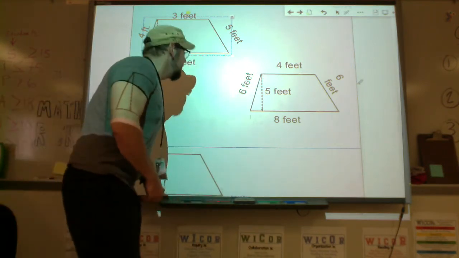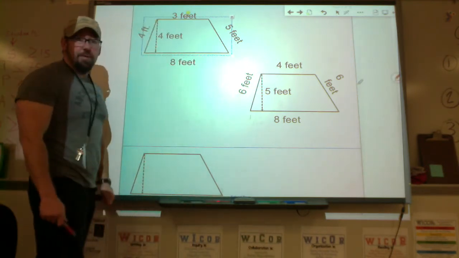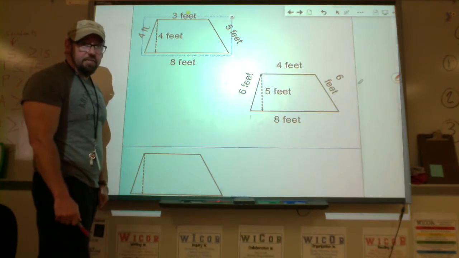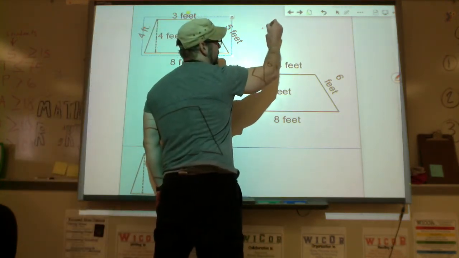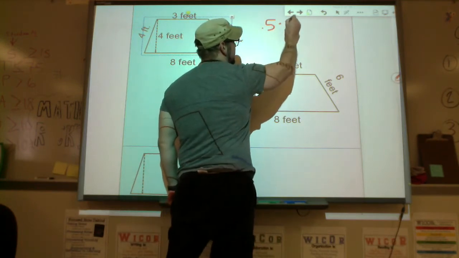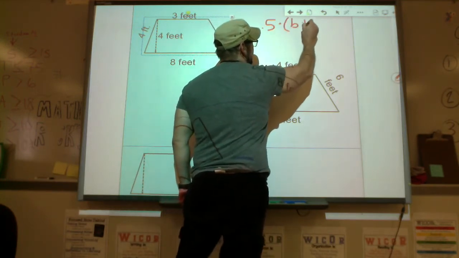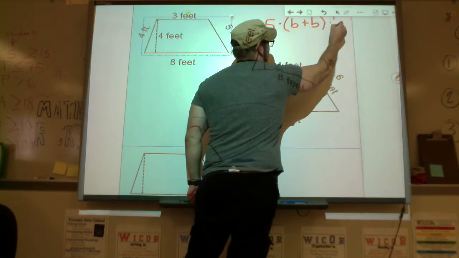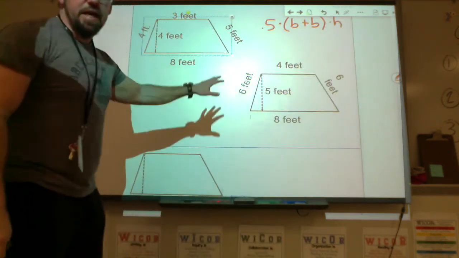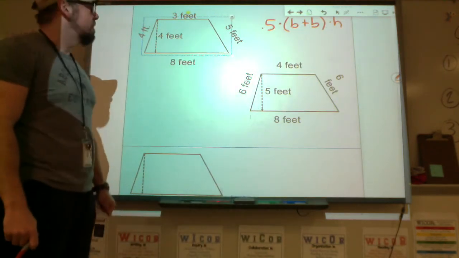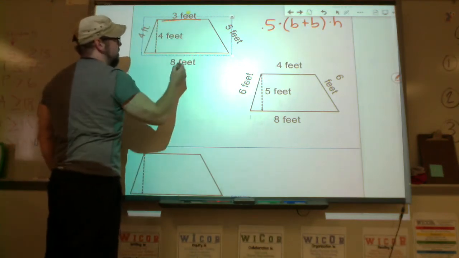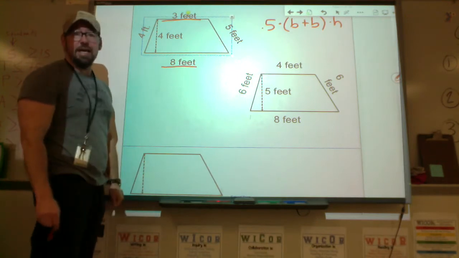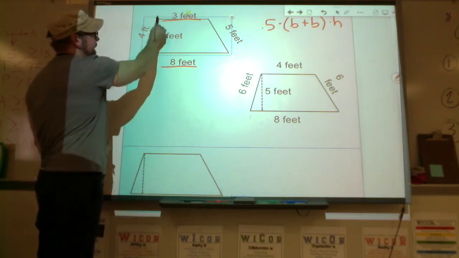I look for my parallel sides, my bases, and I'm going to use my formula, 0.5 times (base plus base) times the height. So I basically have to plug the numbers into that formula. Here are my parallel sides. These are my bases, 3 feet and 8 feet. And then my height is here.